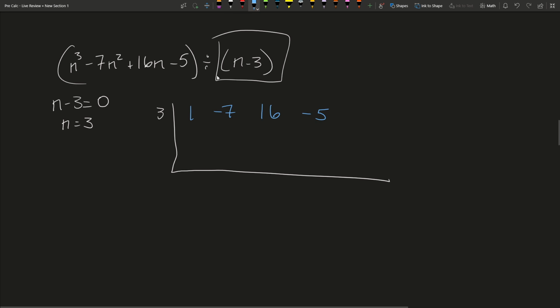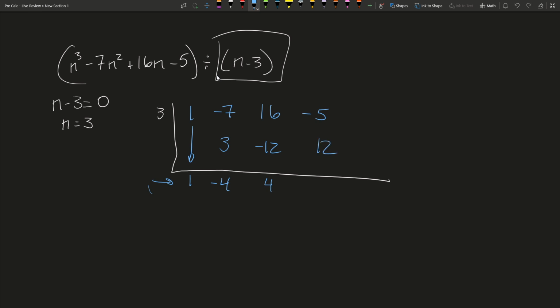First thing you do is bring down this first value, and then you multiply 3 by everything that ends up down here. So 3 times 1 is 3, and we want to add down. So negative 7 plus 3 is negative 4. 3 times negative 4 is negative 12. 16 plus a negative 12 is 4. 3 times 4 is 12.